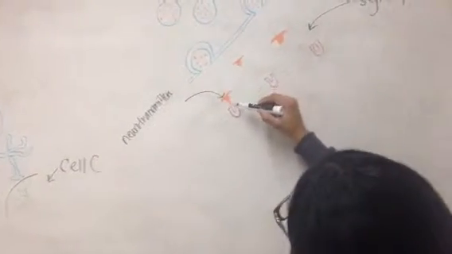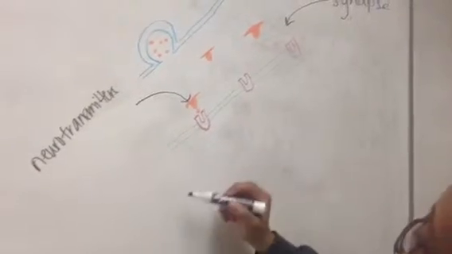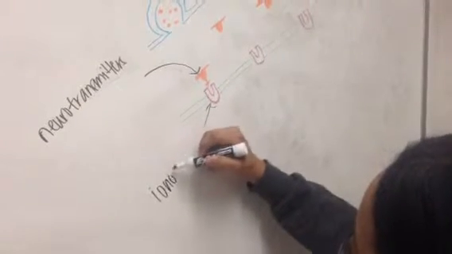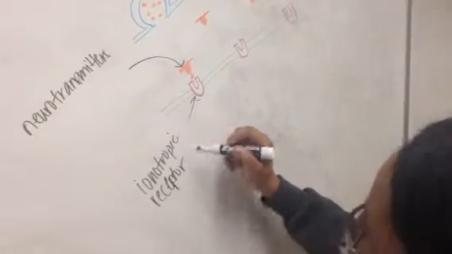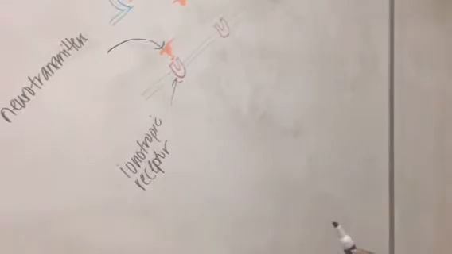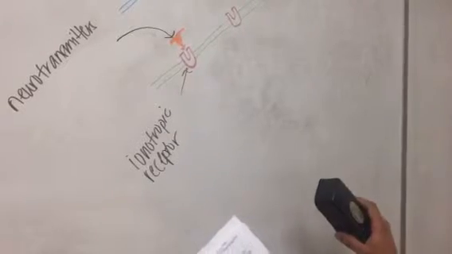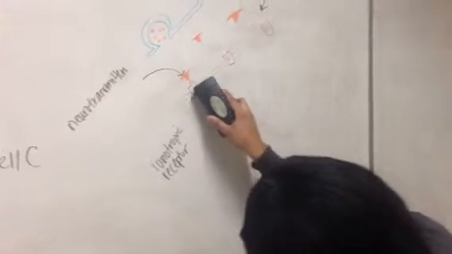have a specific shape which will bind to what is called the ionotropic receptor. In a key and lock fashion, just like a key opens the door, this matches the shape of the receptor, and this will open an ionic channel.